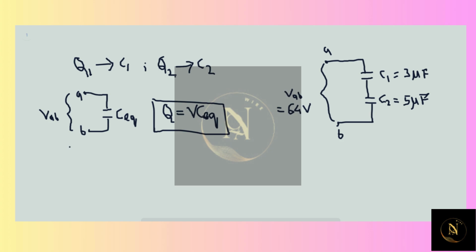So let us first find the equivalent capacitance. For series combination, the equivalent capacitance is found in this way. 1 over equivalent capacitance equals sum of the inverse of each capacitor. So 1 over C equivalent equals 1 over C1 plus 1 over C2.